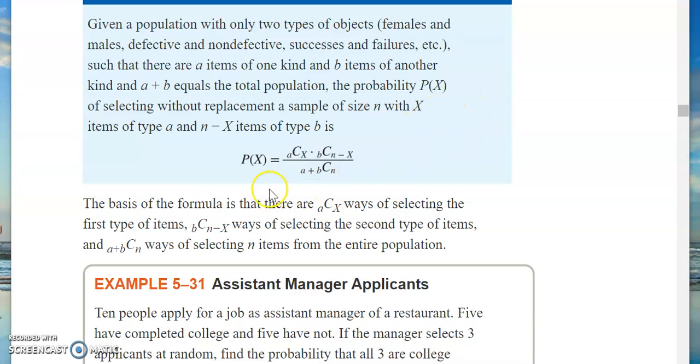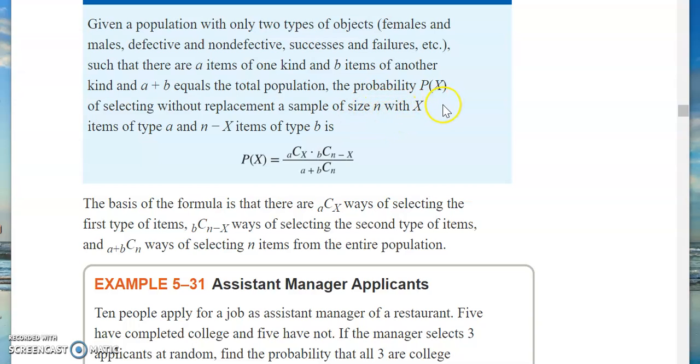Well, the probability of getting X successes is given by this formula here, which looks horrible. But I suggest to you that in a minute we're going to do an example, and it's not as bad as it looks. So let's think about this one more time. The sample size is n.